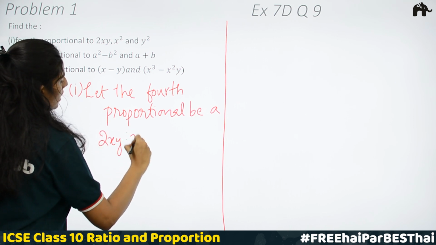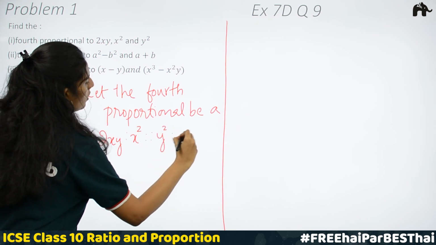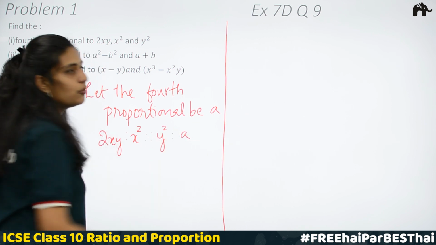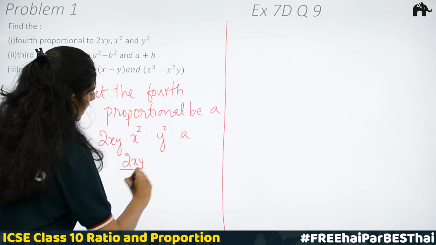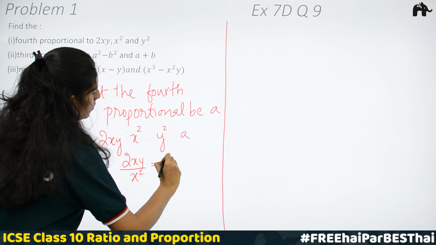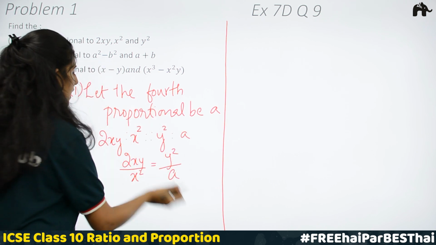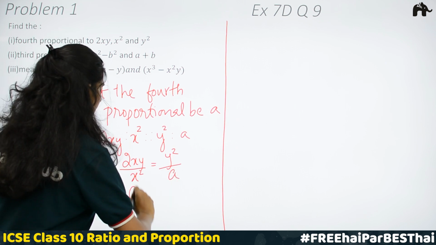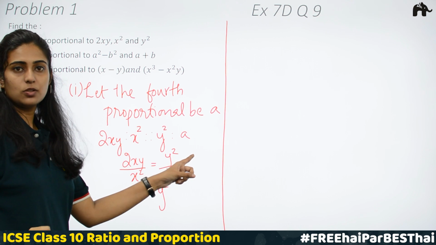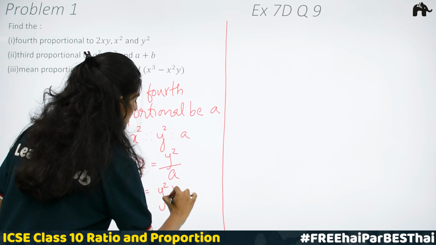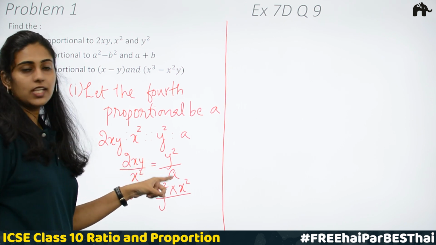2xy is to x square as y square is to a. Here is where the fourth proportional comes. Or this can be written as 2xy divided by x square is equal to y square divided by a. Now how to find a? Taking a to the opposite side, a is equal to y square into x square divided by 2xy; taking x square to the numerator in the RHS, 2xy comes to the denominator.